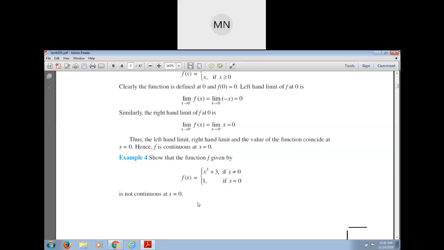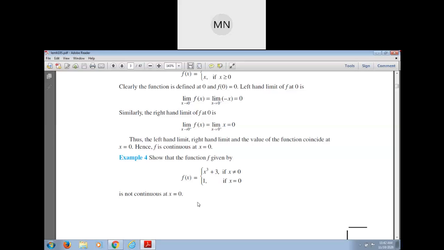We want to check the continuity. Can you tell me for this problem in the first step what we find?